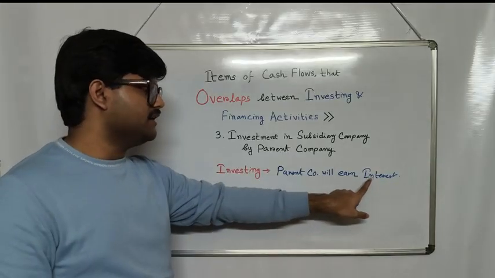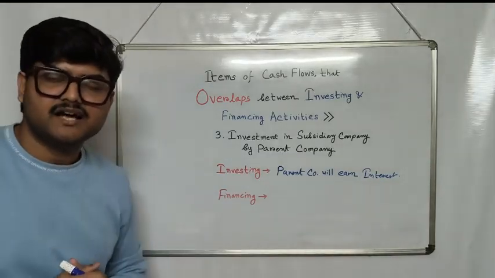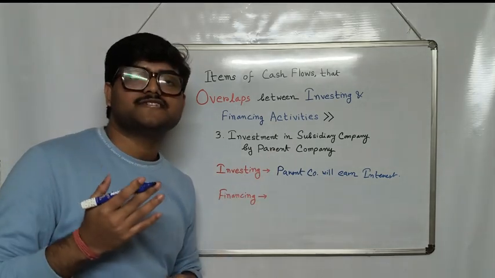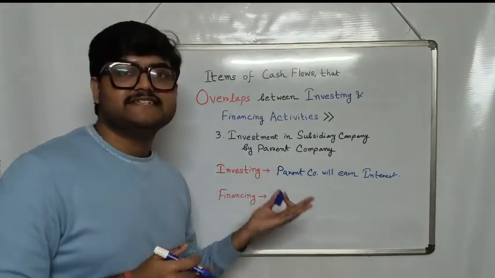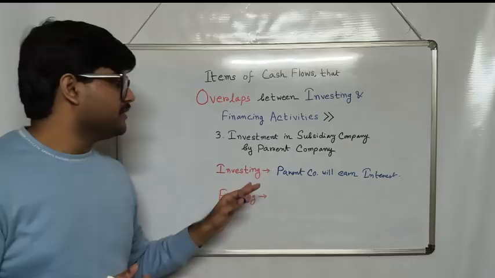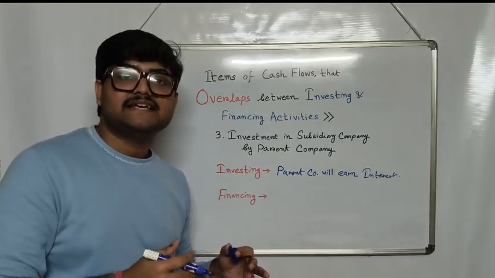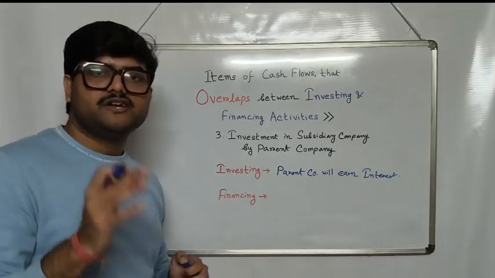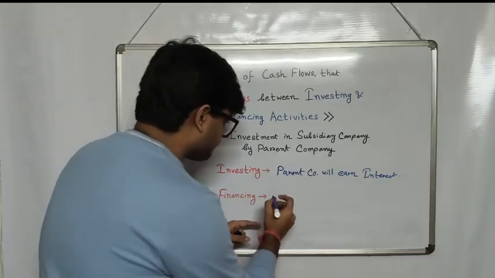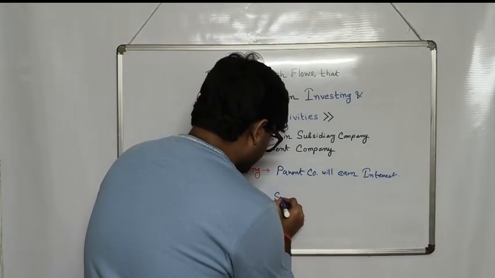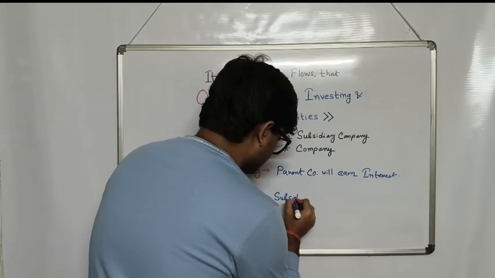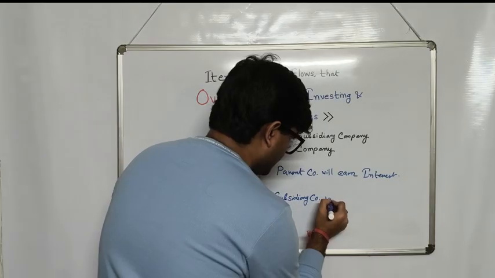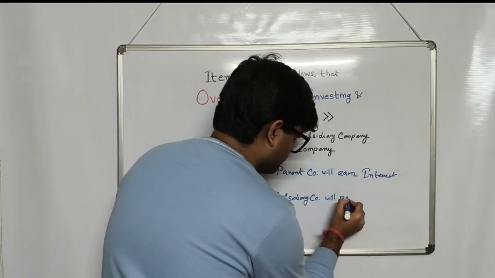So it will earn interest as well as the loan repayment. And from the aspect of the subsidiary company, it is receiving loan from the parent company to raise capital of its own, so the subsidiary company will raise capital.